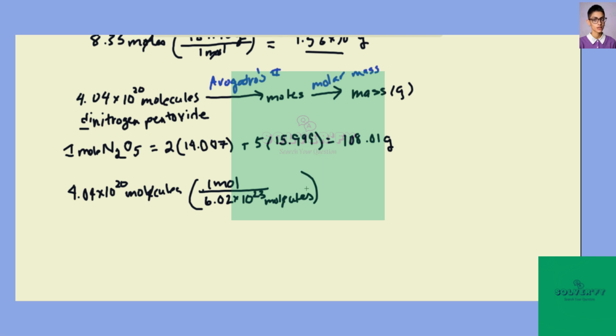And then we change to grams using our molar mass, where 1 mole has a mass of 108.01 grams. So multiplying 4.04 times 10 to the 20 times 108.01 and then dividing by 6.02 times 10 to the 23rd gives us the answer of 0.0725 grams.